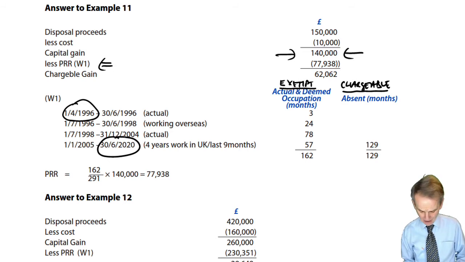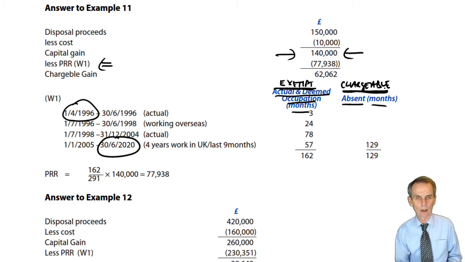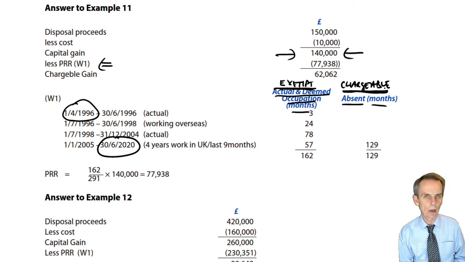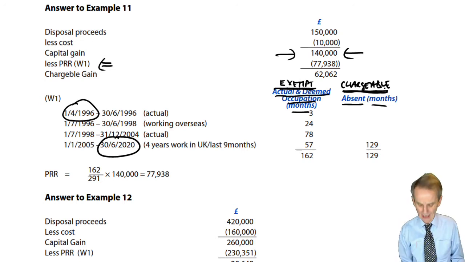Now we can head these two columns actual and deemed occupation, in months, or exempt and chargeable. Unless this is a Section C question, they're not seeing your working, so it doesn't matter what you call it, as long as you know the difference between the two lists that you compile.